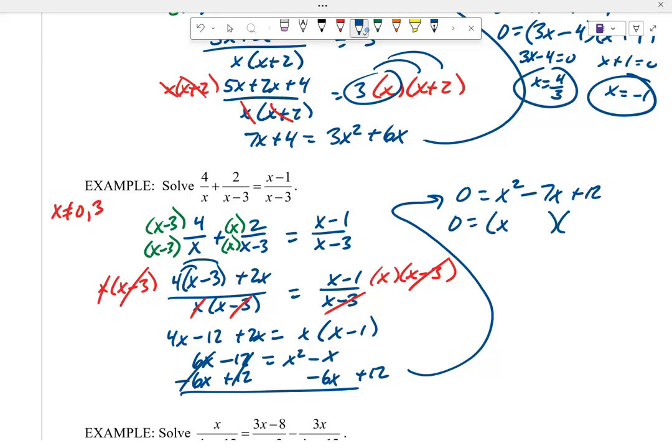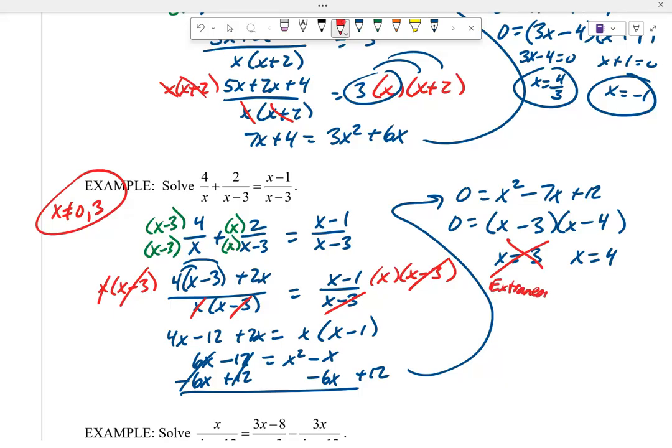That'll factor into x minus 3 and x minus 4. So x will be 3, or x could be 4. Now remember from the original, I couldn't have 0 or 3, so I've got to throw out that 3. That's an extraneous solution. So the only one that works is the 4. So I keep the 4 as our solution here.